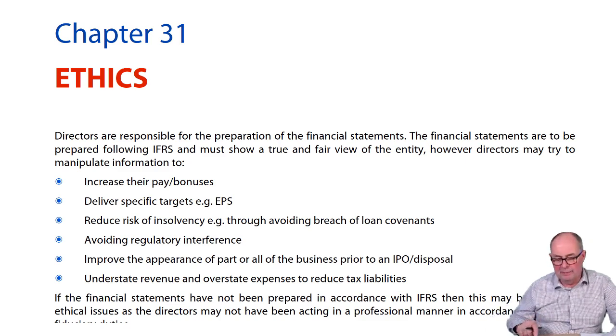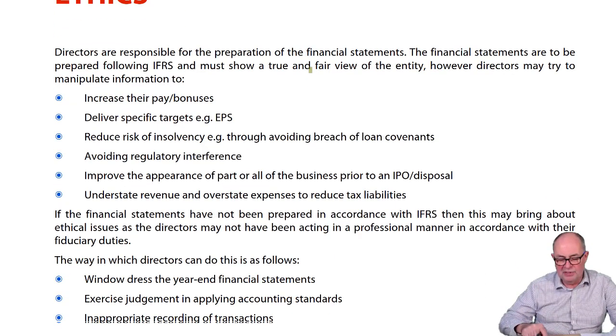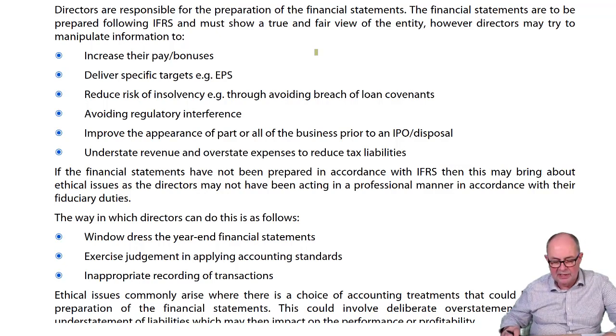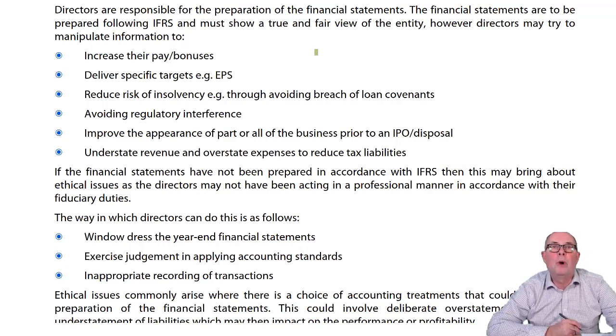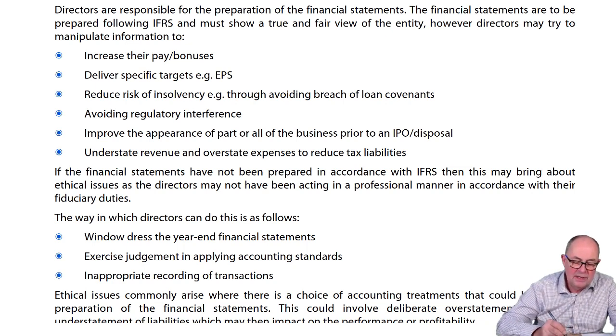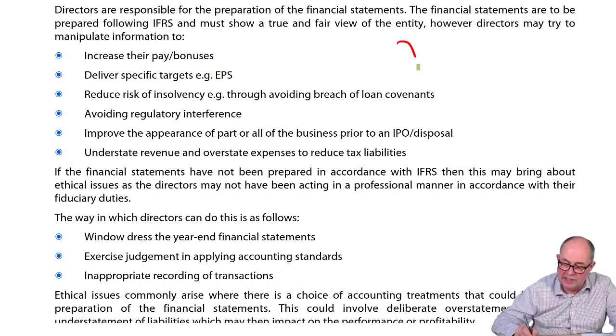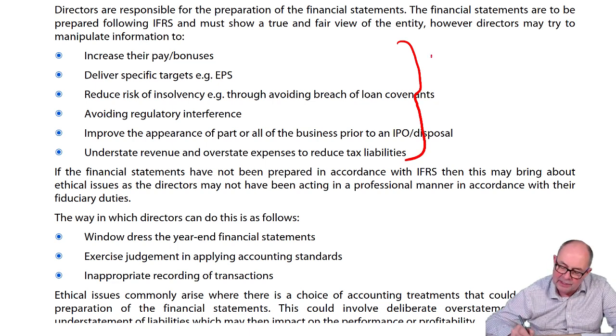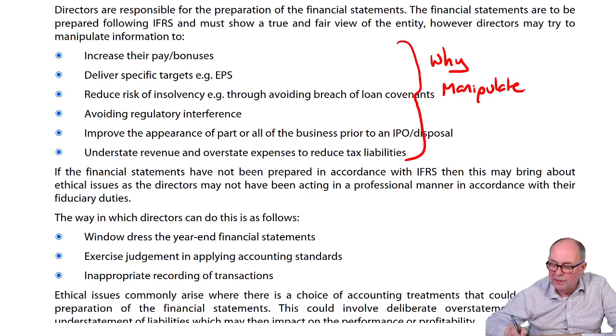Why might they choose to manipulate? Well, you can see here, again, some of the reasons why directors choose to manipulate accounts. So these bullet points in the notes really help us to understand why directors might choose to manipulate the financial statements.